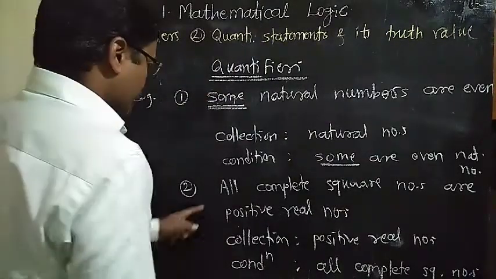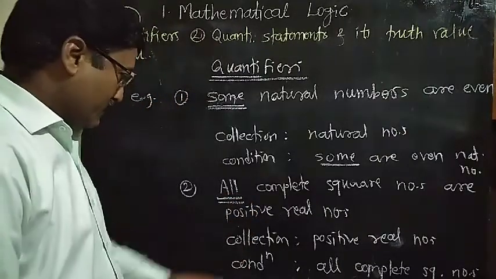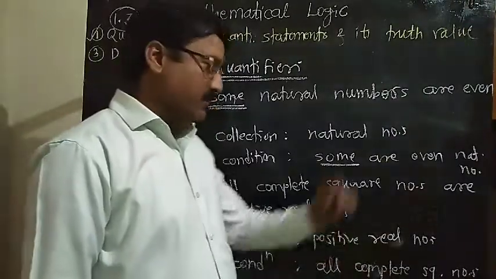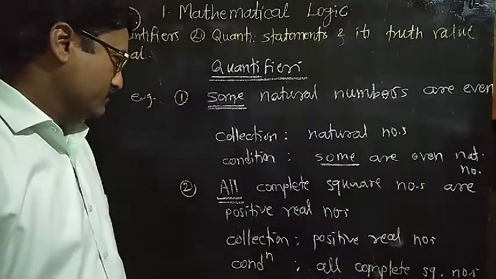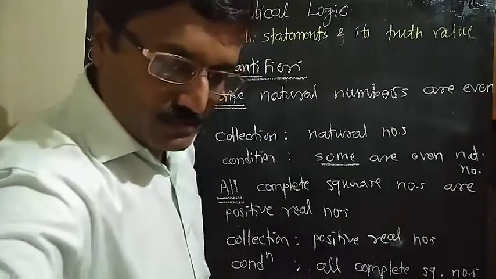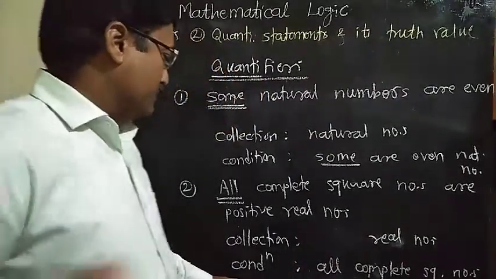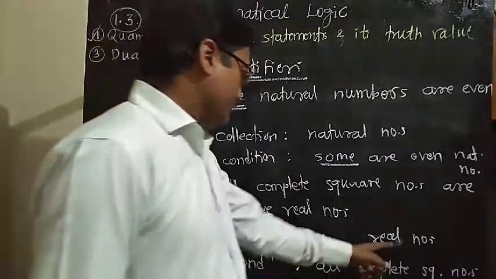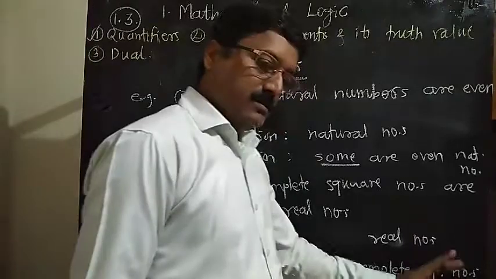So in this example, the quantifier all is used and the collection is of all real numbers. In this collection of real numbers, the condition is that all complete square numbers are positive.